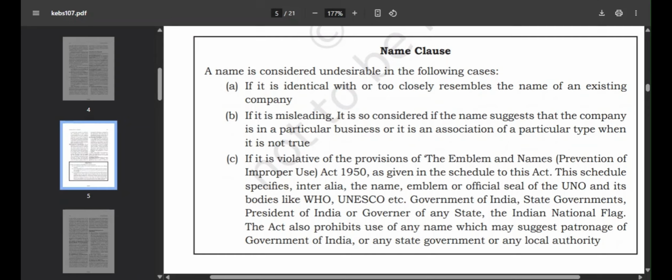The act prohibits use of a name which may suggest any patronage of the Government of India. Patronage means under the privilege of government. It cannot be used by any commoner, or any state government or any local authority. So you can't use the official seal or the emblem of that country basically.